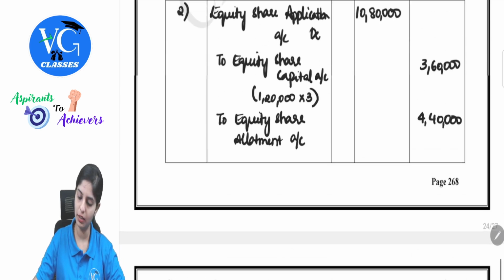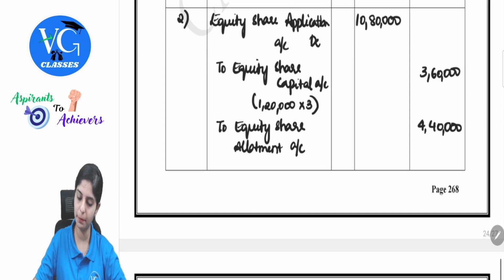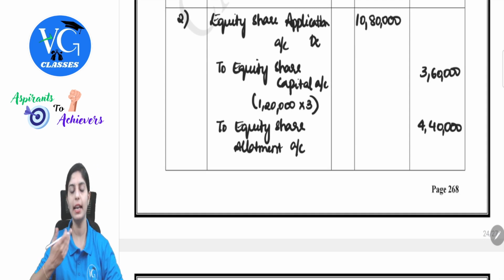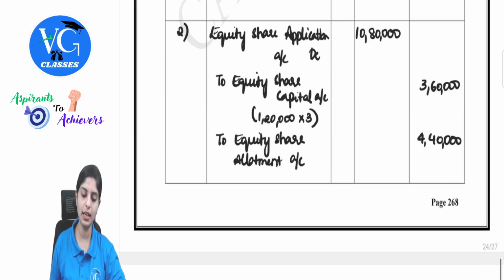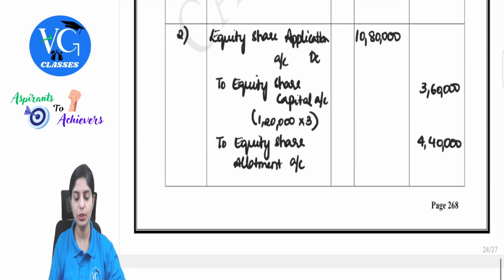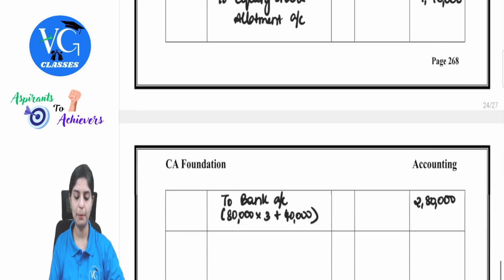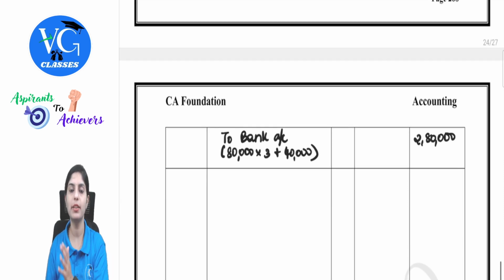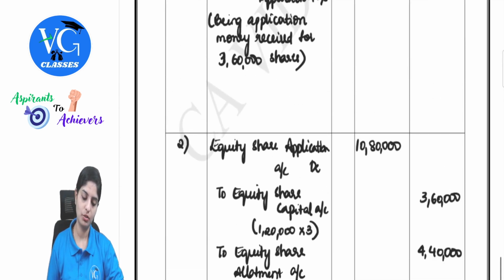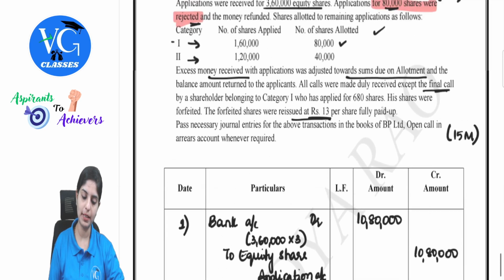Now if we total 2,80,000 plus 4,40,000 plus 3,60,000, it is 10,80,000. So for this, you can write down the narration. B, share application money transferred to share capital adjusted towards allotment and money refunded with respect to 80,000 shares and the excess money received. So this completes equity share application part.